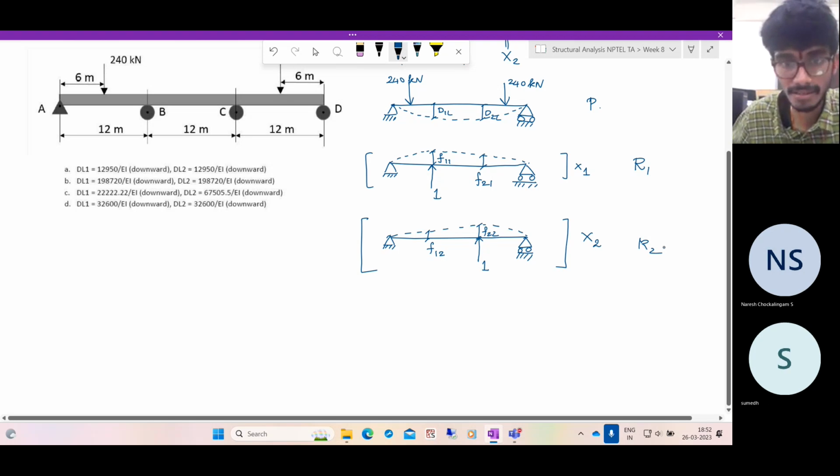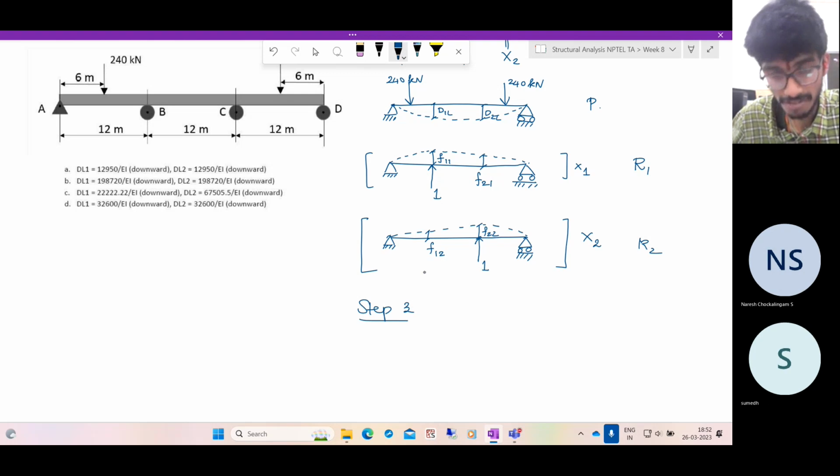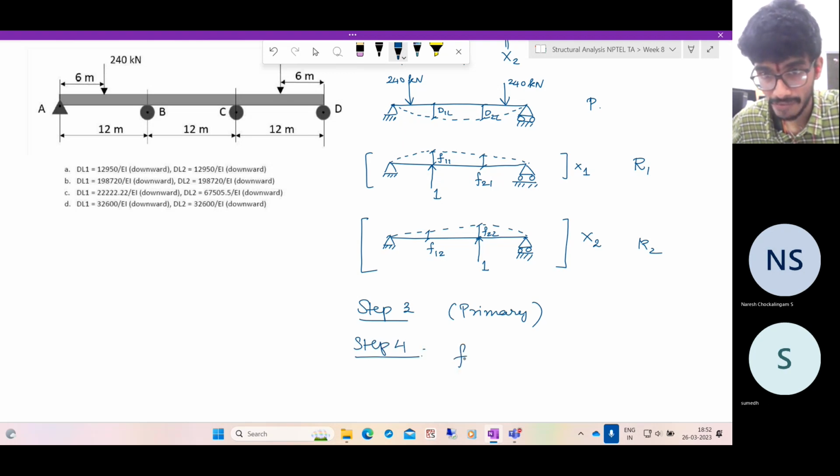So step 3 is the primary structure. We have done it. And step 4 is to get the flexibility coefficients Fij and the displacements DiL. What is the last step?